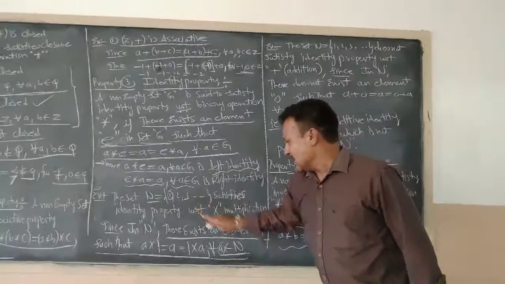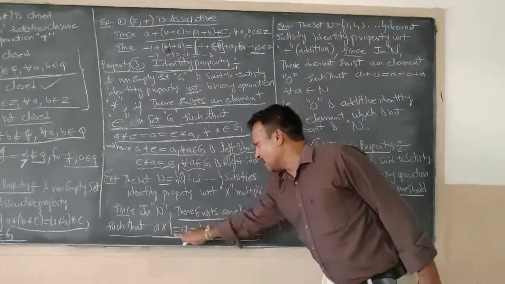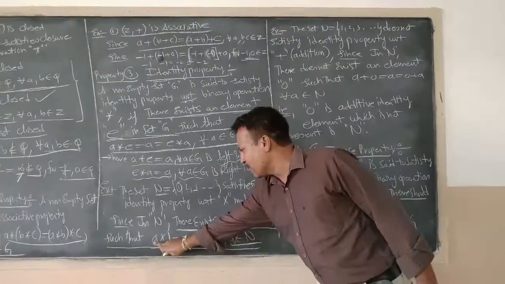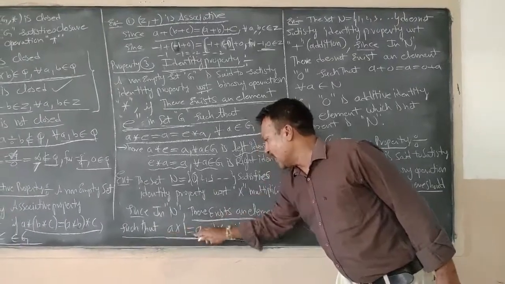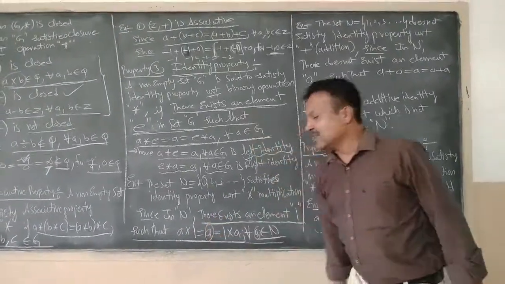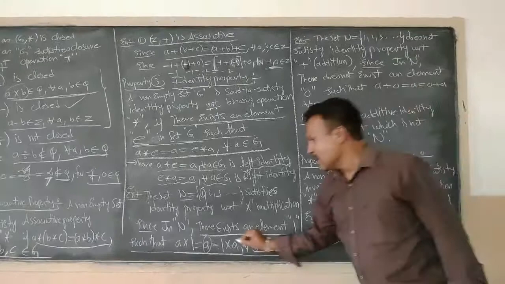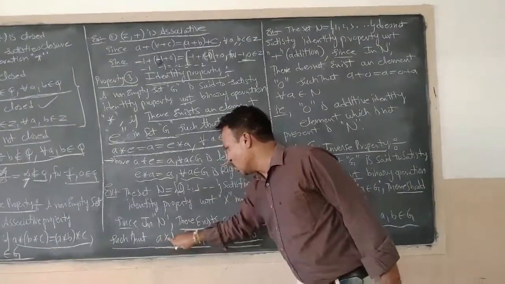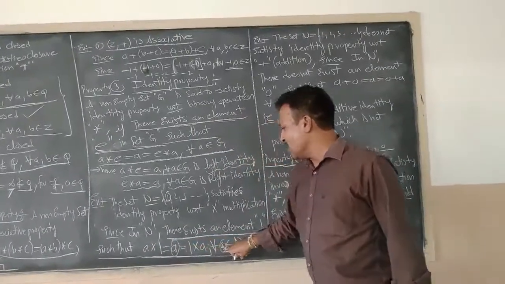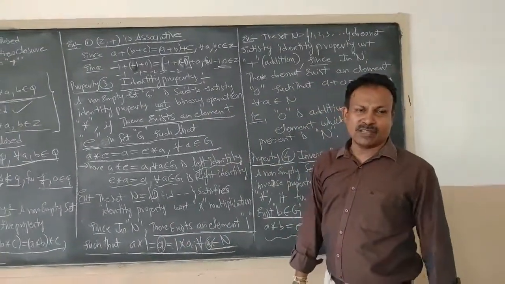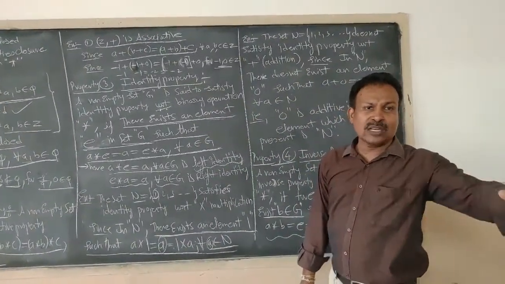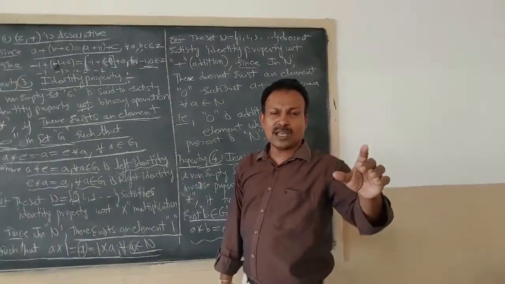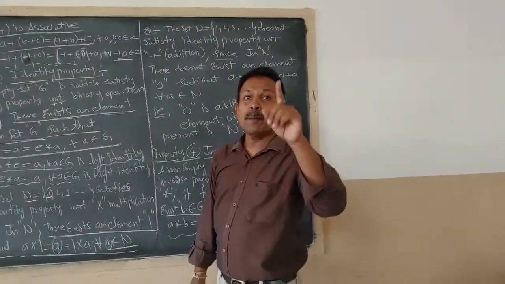That is, in place of A in this property, if I take any natural number and operate, the resultant value will be the natural number itself. That is why in the natural number set there exists an element 1 such that A into 1 is equal to A is equal to 1 into A for every A belonging to the set of natural numbers. Therefore, we clearly conclude that the set of natural numbers satisfies the identity property with respect to multiplication.